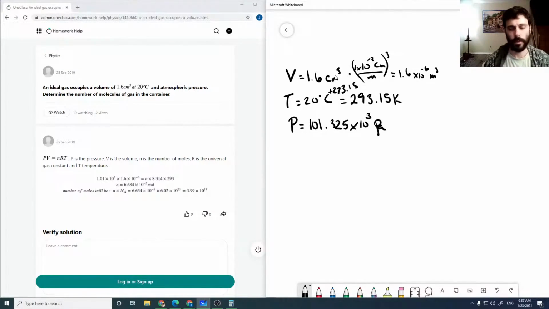Alright, so it wants us just to determine the number of moles. So PV equals nRT.